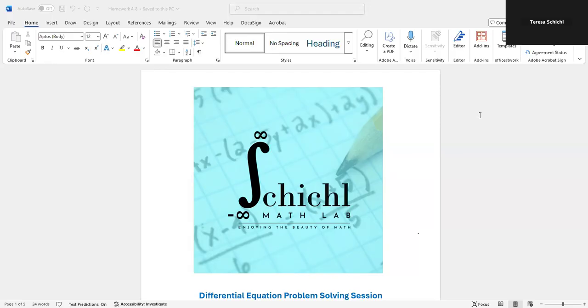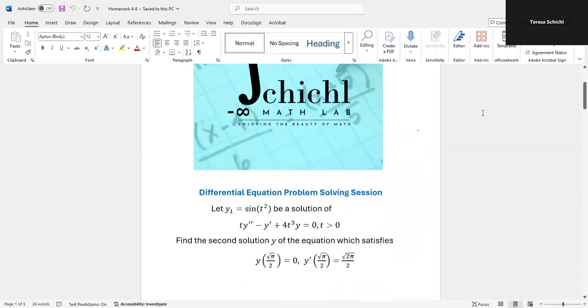Today we are going to solve this second order differential equation for one given solution. The given solution y1 is equal to sine t squared for this second order differential equation.